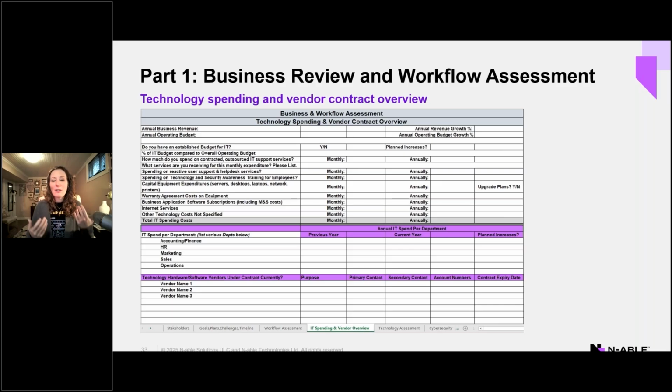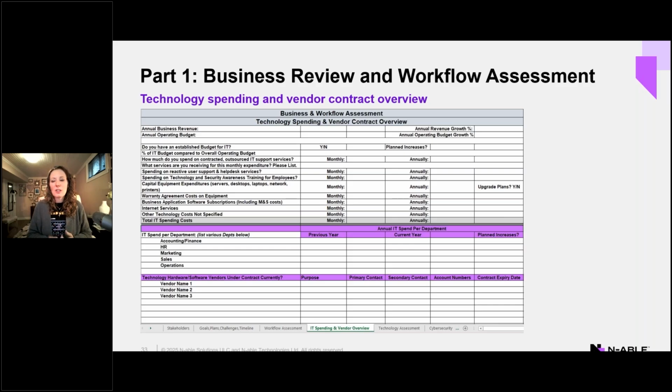If they're using another MSP today, can they give you an idea around what they are currently spending with that other MSP on a monthly basis, annual basis? Depending on how that MSP has structured the contract, are they spending anything over and above on a reactive end user help desk type of basis on a monthly basis?